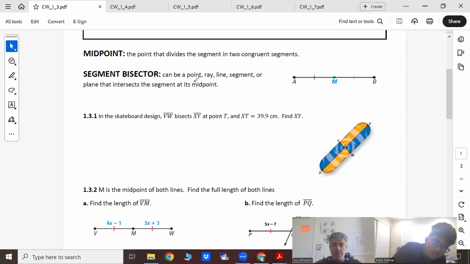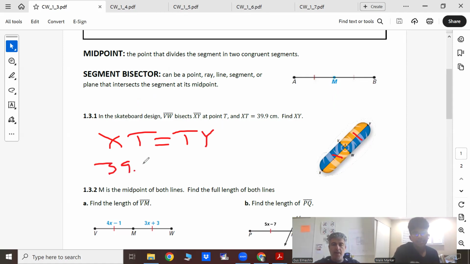So here, in a skateboard design, VW bisects XY. Actually, I think they bisect each other, but we'll just say that for now. So definitely XT and TY are the same. So if XT is 39.9, then TY is also 39.9.